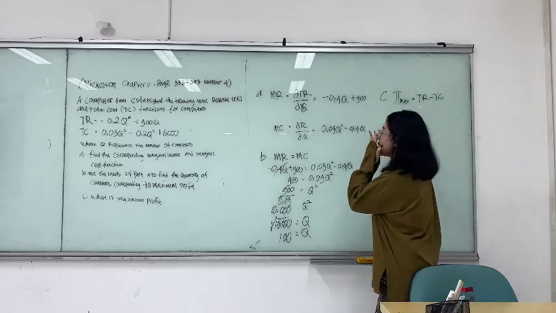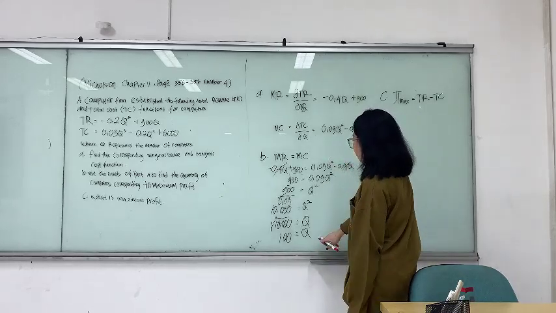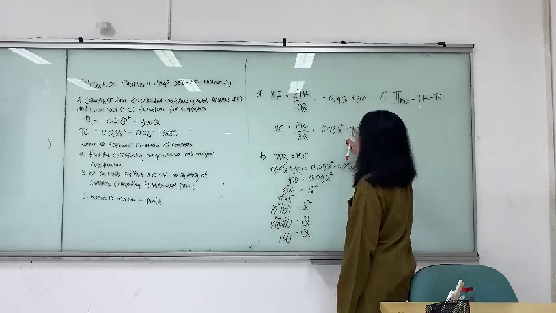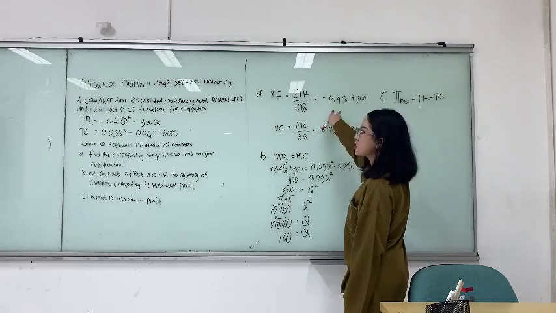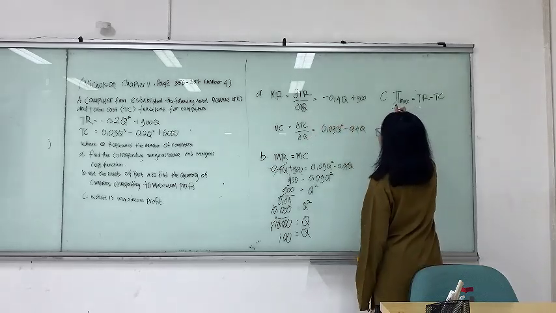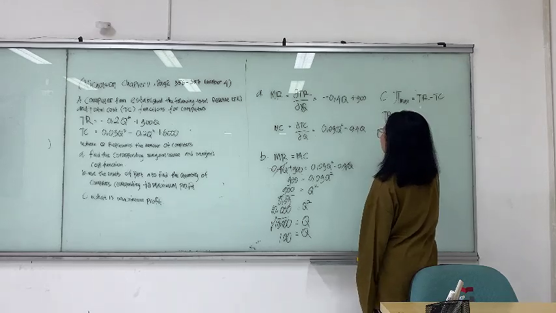The first step is we put it in Q and the derivative of marginal revenue, TR.